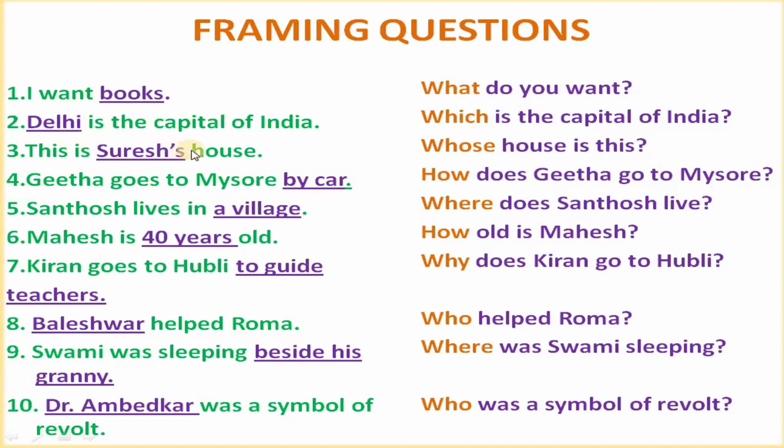For example, Delhi is the capital of India. Which is the capital? It's present tense only. Past means past only. So there is no need to change the tenses while framing the questions, but use be forms, do forms, and have forms, whichever forms they gave, only that you use there.